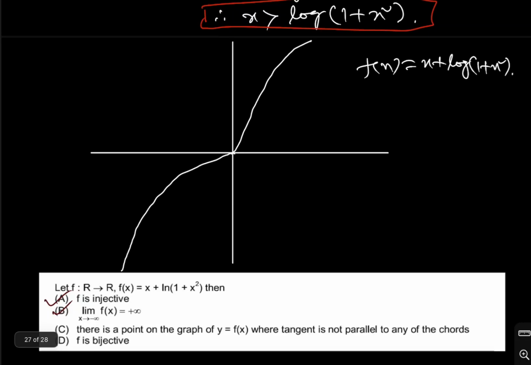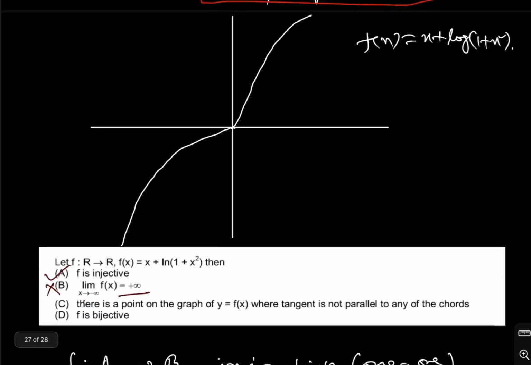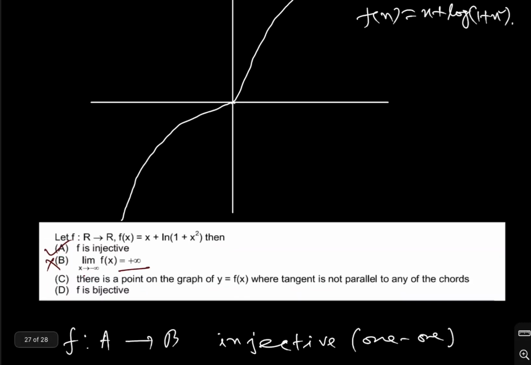Now for option B, it is given x tends to minus infinity, f goes to plus infinity. So this is wrong, this is wrong. Okay, I have missed the sign. I thought this is plus minus infinity. Sorry students.